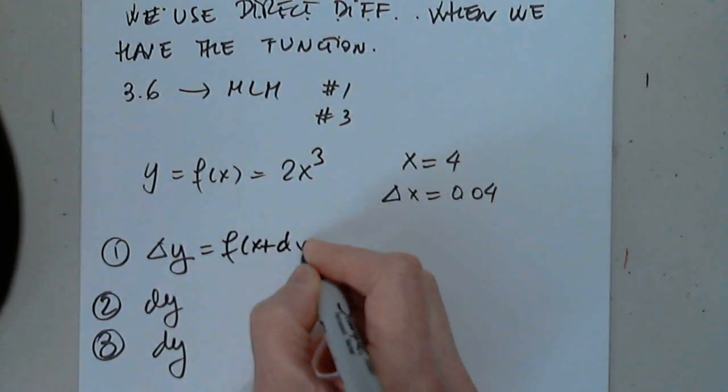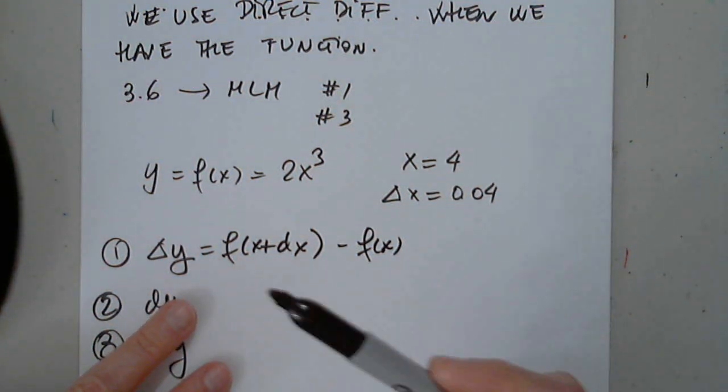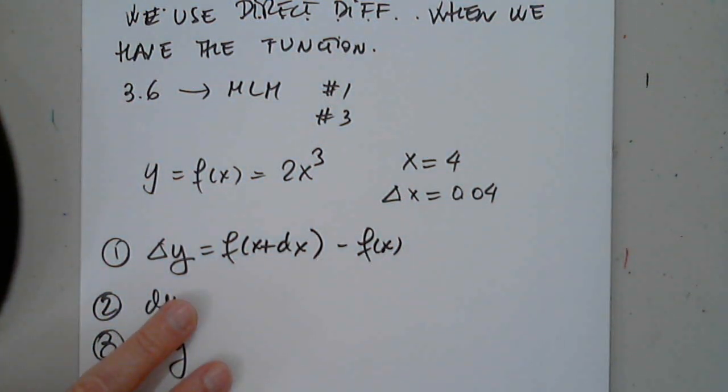And we are asked to evaluate, right? So it says delta y for the given x, and yes. Okay, perfect. So all we have to do is just plug them in.